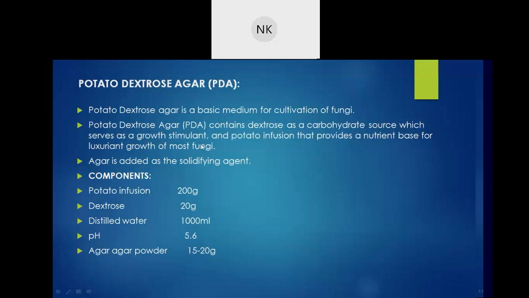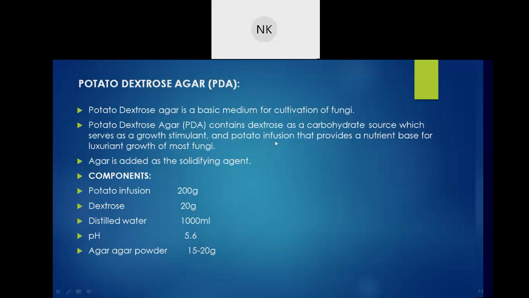And we also have potato, that is, the infusion of potato is used here. If you are getting a ready-made potato dextrose agar media, you get it in the form of powder, but we can also prepare potato dextrose agar in our laboratory.